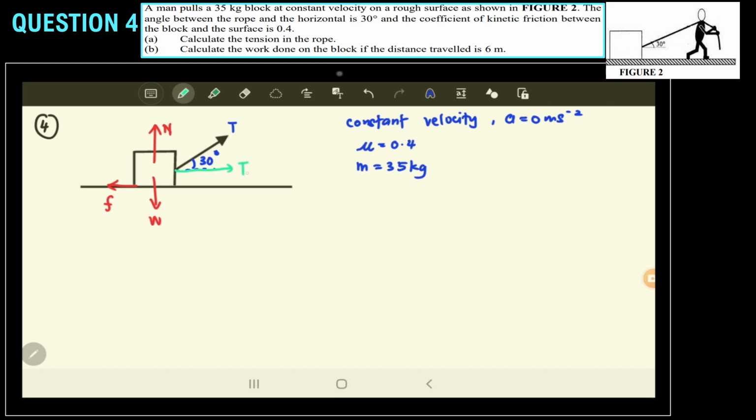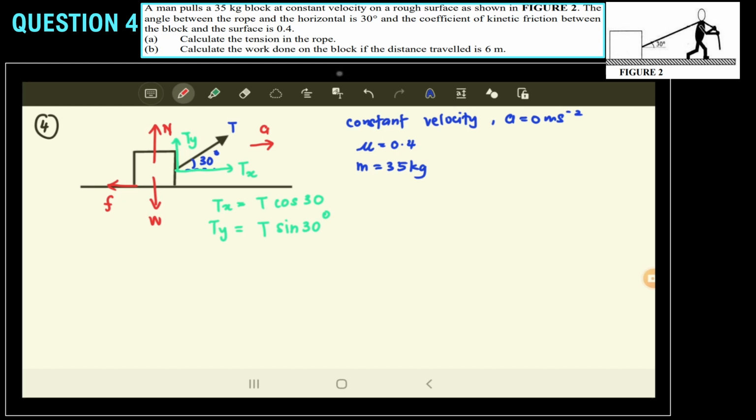So we have Tx and this is Ty, where Tx is equal to T cos 30 degrees, since Tx sits beside the angle, so cos. Ty is equal to T sin 30 degrees. And I will write a and its direction is to the right. We pull toward that side, so logically it moves to the right.